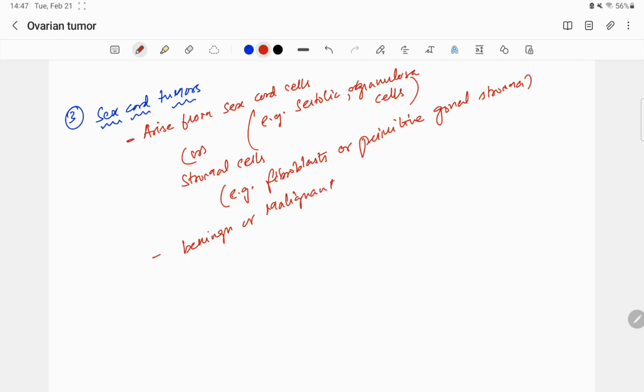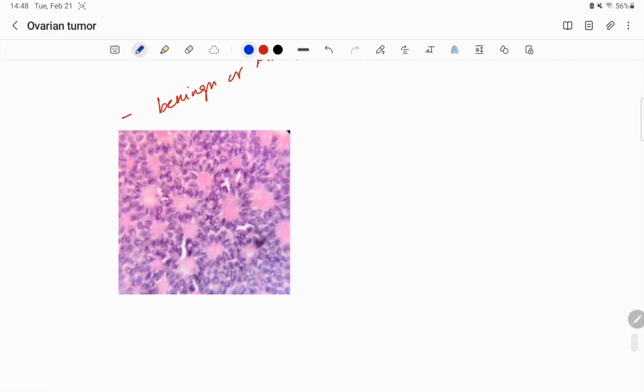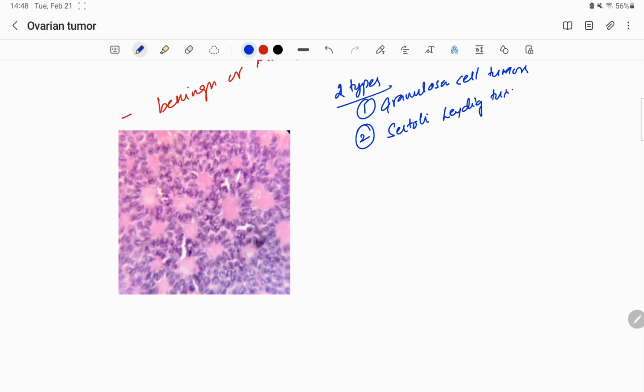Now we'll have a brief study about the subtypes of sex cord tumors. So you have two subtypes in sex cord tumors. Number one is granulosa cell tumor, and number two is Sertoli-Leydig tumors, also called arrhenoblastomas.